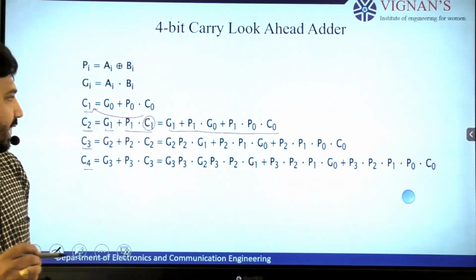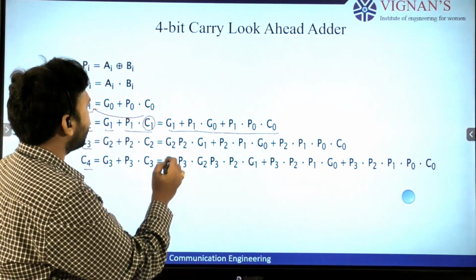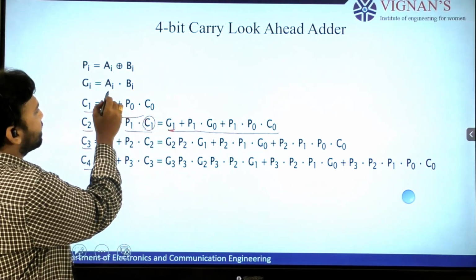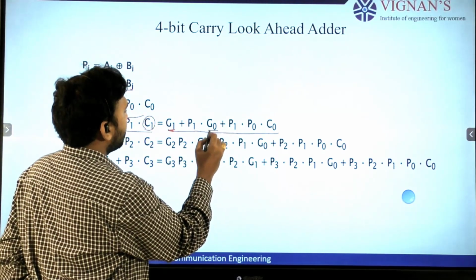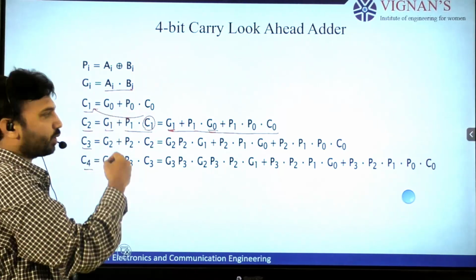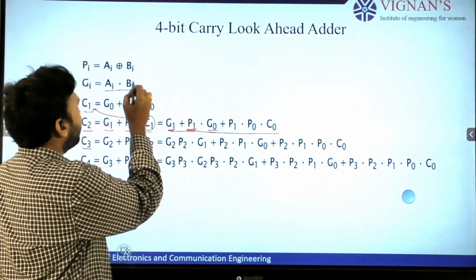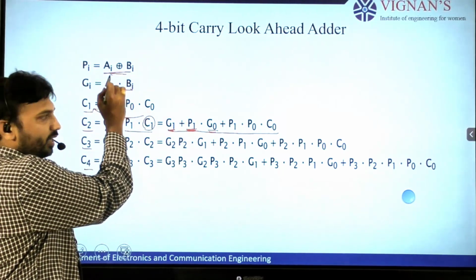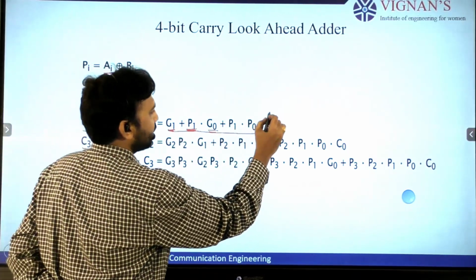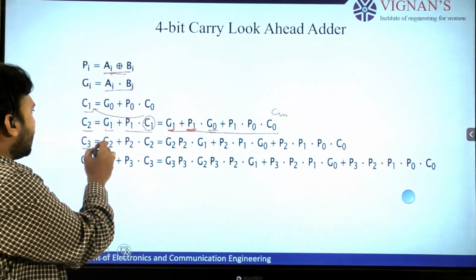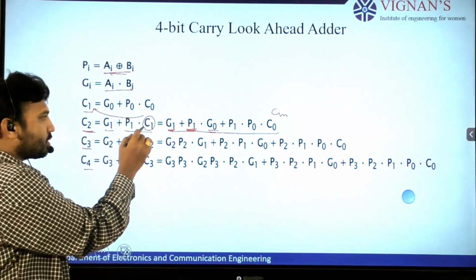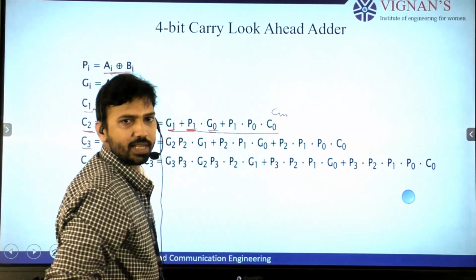And if you observe this carry, it is quite understandable that G1 is dependent on the inputs that we apply. Similarly, G0 is again with respect to the inputs. Similarly, P1 is again with respect to the inputs. And C0 is nothing but C in, that is the carry in that we apply. So if you observe C2, it is all dependent on the inputs as well as the input carry.